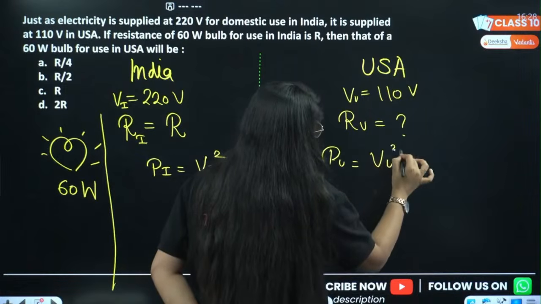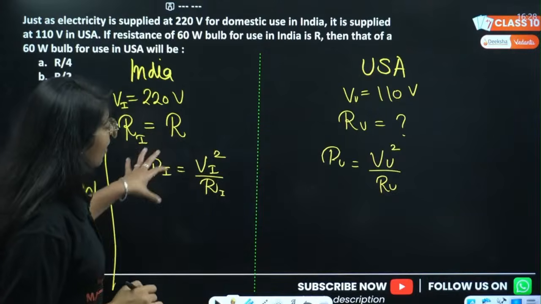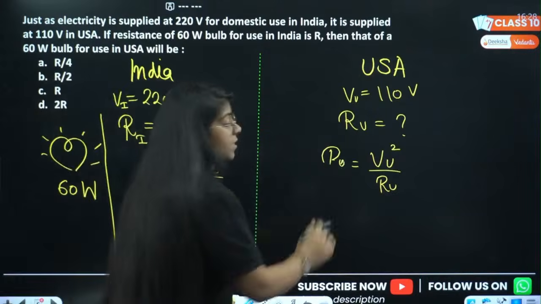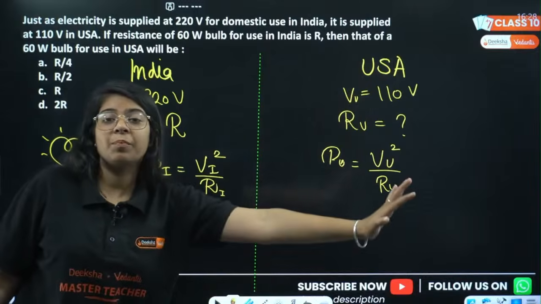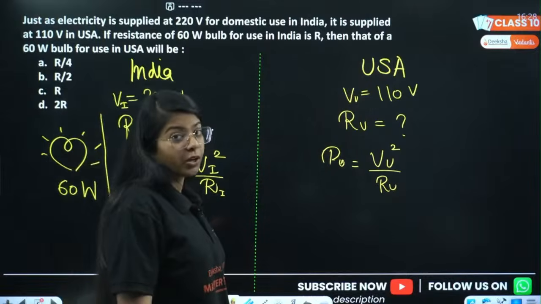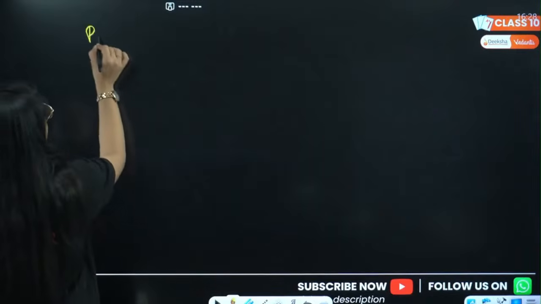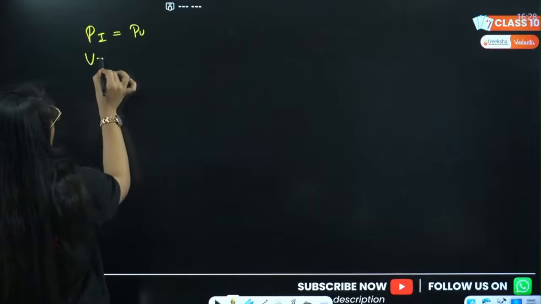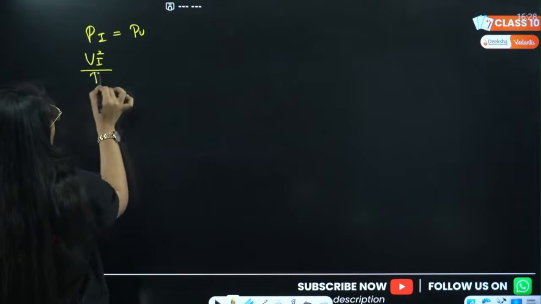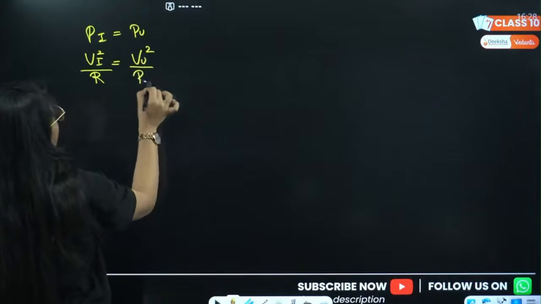So this power is same. Power is 60 watt. The bulb is same. Your friend just sent the bulb to you in USA on your vacation. Okay? So power in India is equal to power in USA. So V_I square divided by R_I equals V_U square divided by R_U.